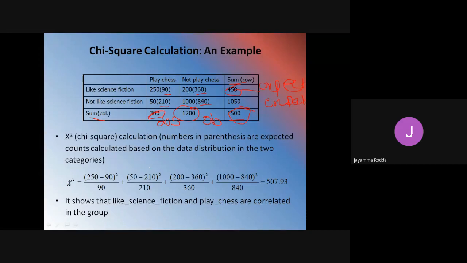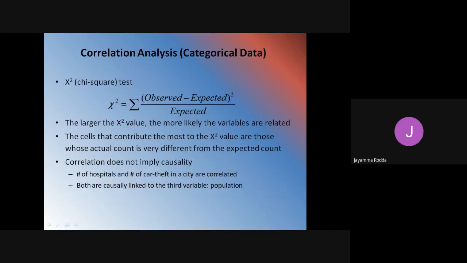Next, here the chi-square test is calculated. What is the formula? Observed value minus expected value, the whole squared, divided by expected value. So it is the sum of (observed minus expected) squared divided by expected.